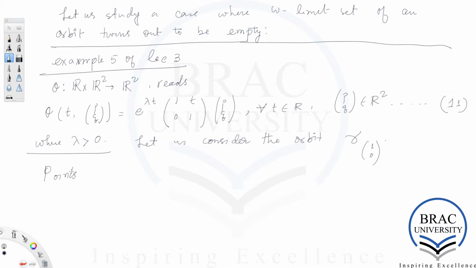Points or vectors belonging to the orbit of 1 0 are of the following form.